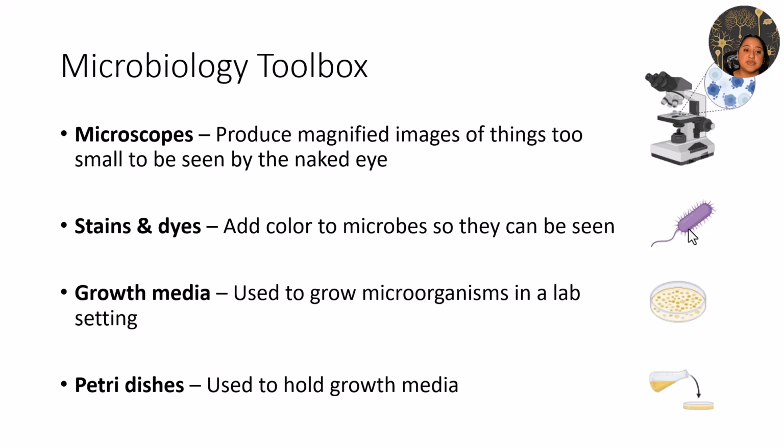Sometimes you can add different stains and dyes into the media, and that'll help you see color changes due to whatever the bacteria are producing. That's another thing that we're going to do a lot in lab: grow them in different kinds of media that teach us more about what they do. So growth media is how we grow microorganisms in a lab setting.